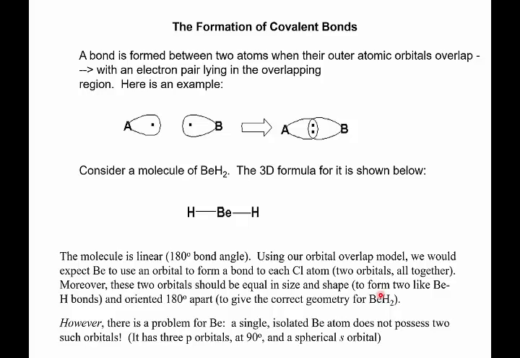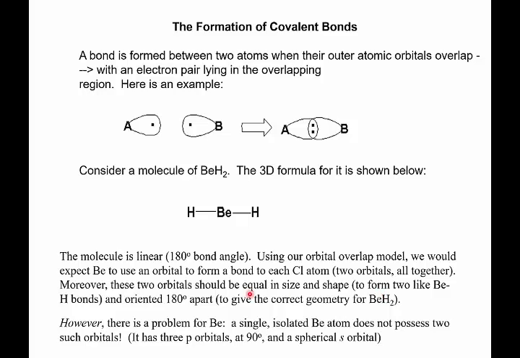It turns out that molecules are not able to construct themselves by using just the intact atomic orbitals that they come with. The outer orbitals are going to have to meld together and reshape themselves, make new and different orbitals that are going to allow it to bond to the atoms and make the molecule.